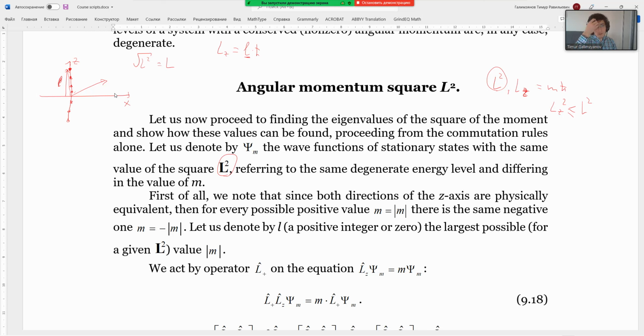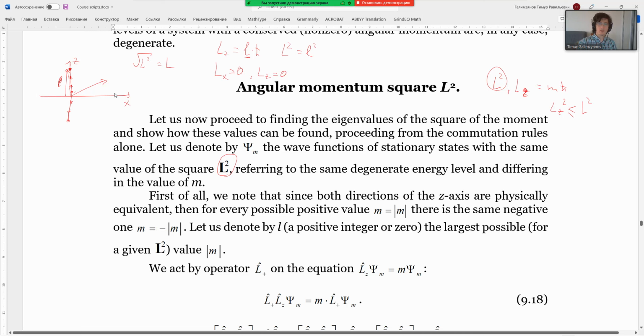However, if you look at the state where Lz equals L times h bar and L squared equals L squared, you easily find that Lx equals 0 and Ly equals 0. So in that state, you can measure all three projections, Lz, Lx, and Ly.